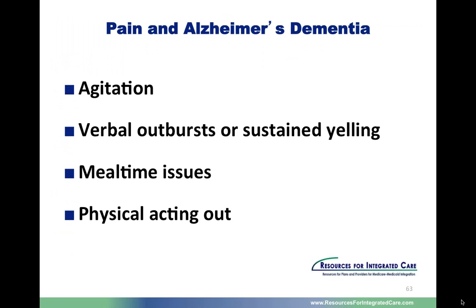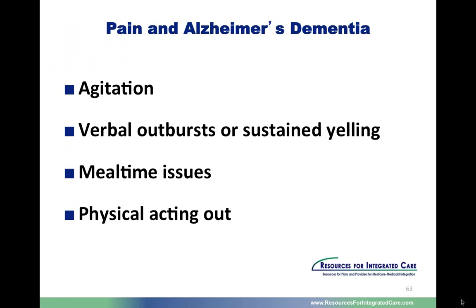So in mild Alzheimer's dementia, we wouldn't necessarily expect to see a whole lot of agitation or frequent verbal outbursts or sustained yelling or trouble in the dining room, mealtime issues, irritability and agitation, or physical acting out.